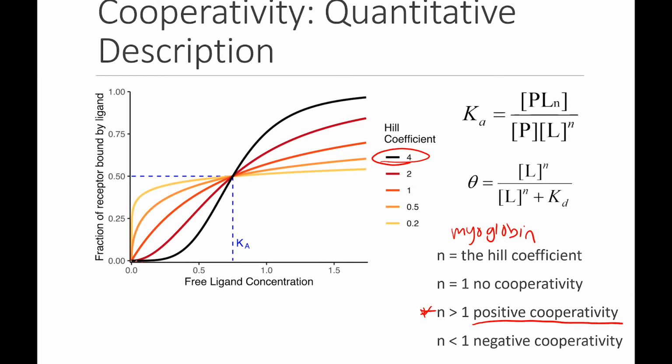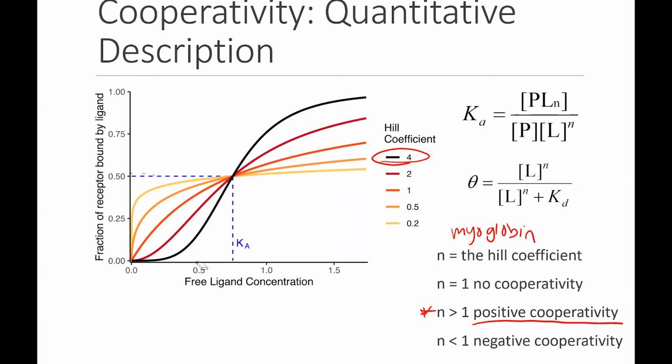The sigmoidal shape is showing that at very low free ligand concentration, you don't have that much binding, but it quickly changes at the halfway point. And at very, very high concentrations, you have very high binding.